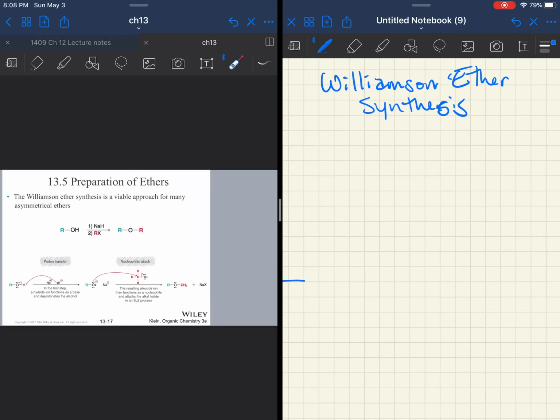And frankly, it's not even that new of a reaction. You've done the second part already. So the first part is deprotonation. So you're going to start with an alcohol, and you are going to use a really strong base. NaH is what I would recommend. That's what you're most likely going to see in practice problems and problems from me.